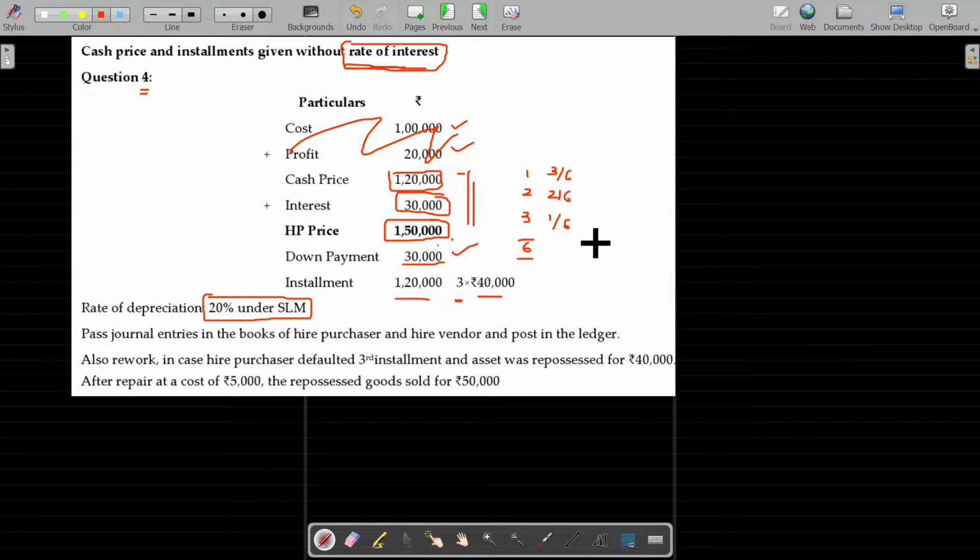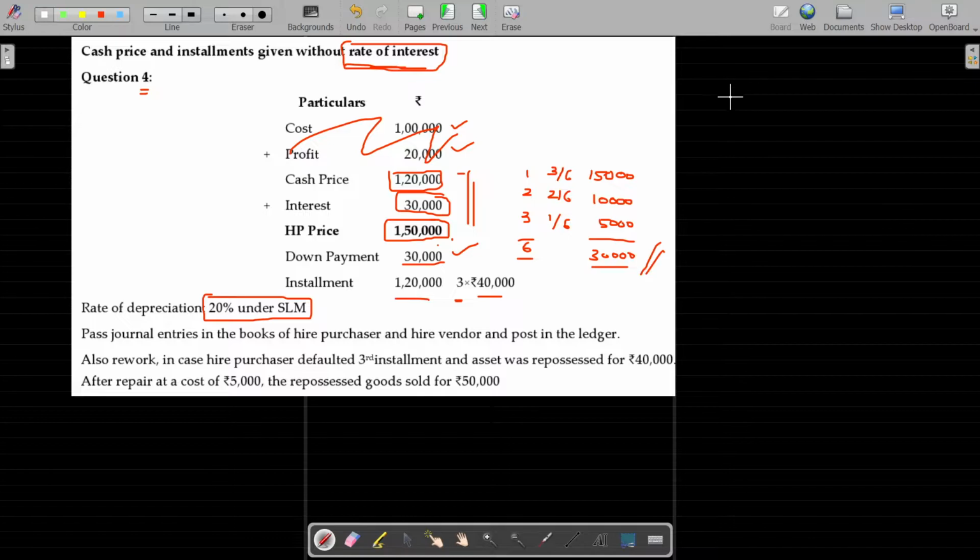As the overall interest component here being 30, the very first year 3/6 15,000, second year 2/6 10,000, the last year 1/6 5,000. Is that okay? That's the case.